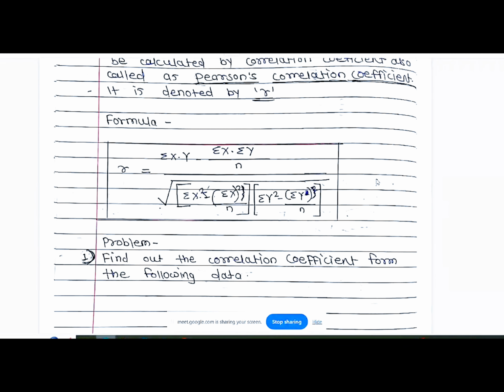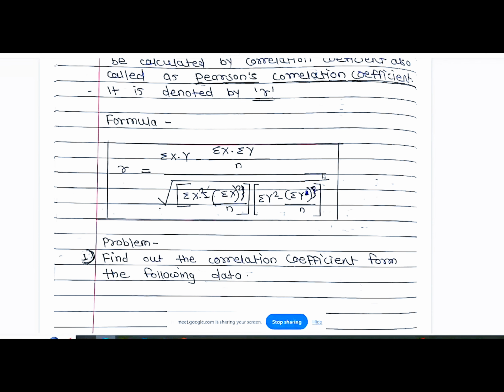For example, if you want to find out r, and in your PhD work you have two variables X and Y, and you want to check whether they are correlated or not, you can use this formula: summation of X into Y minus summation of X into summation of Y divided by small n. Small n is the number of observations in your data.